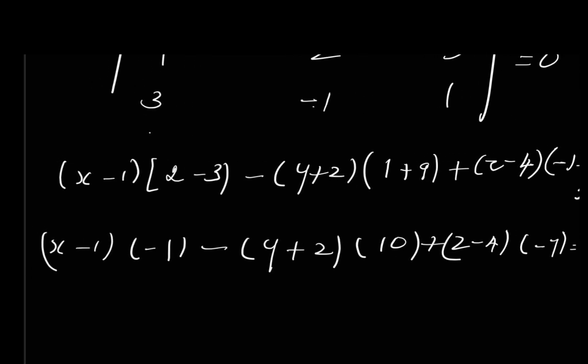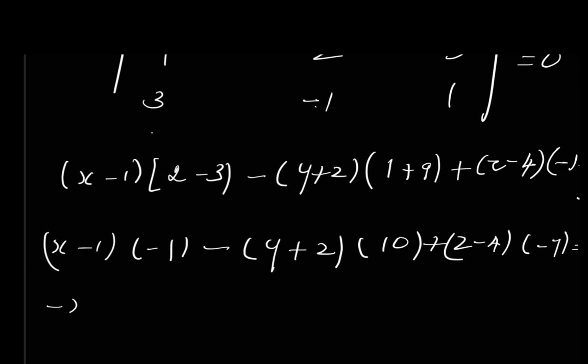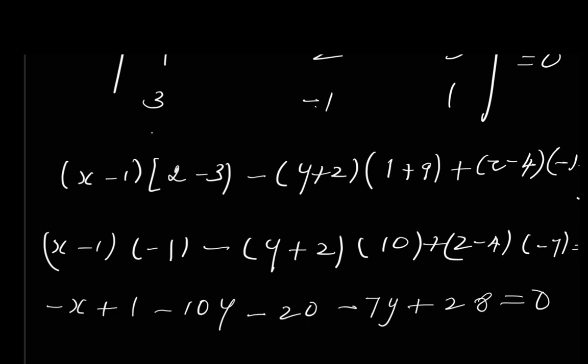Simplify this, you will get minus x plus 1 minus 10y minus 20 minus 7y plus 7y. Then minus 4 into plus 7 is plus 28 is equal to 0.